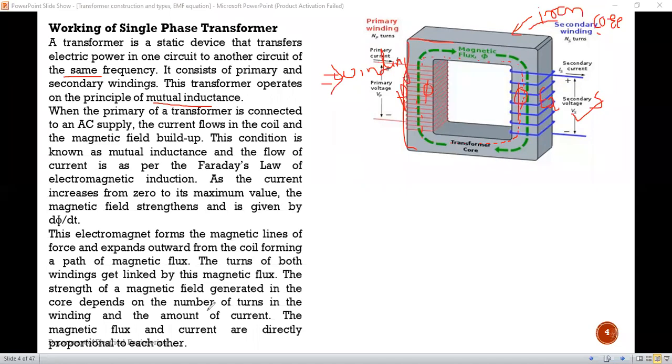Hello, do you people know the principle of mutual induction? Give me a reply. I think you have already studied it in the BEEE subject. Do you know the principle of mutual induction or the concept related to it? Give me a reply, anyone.